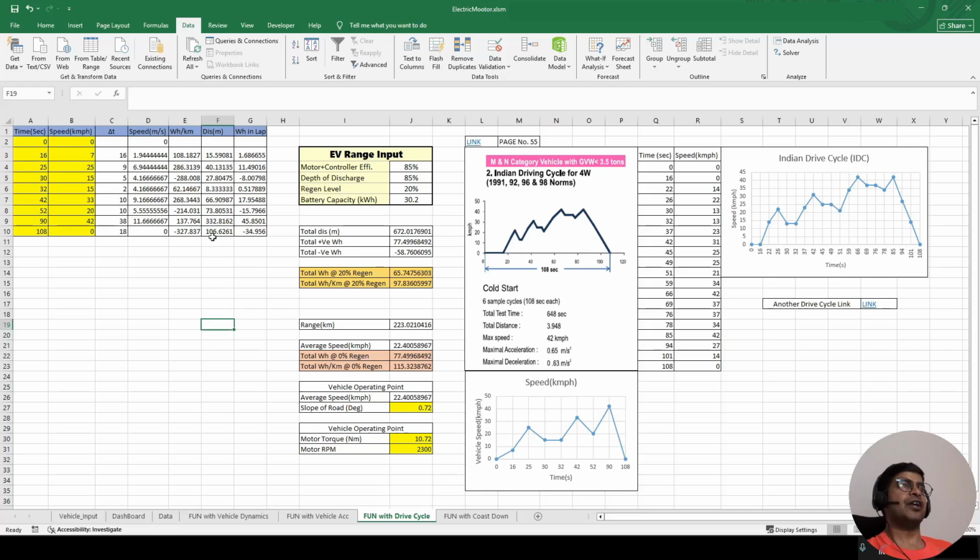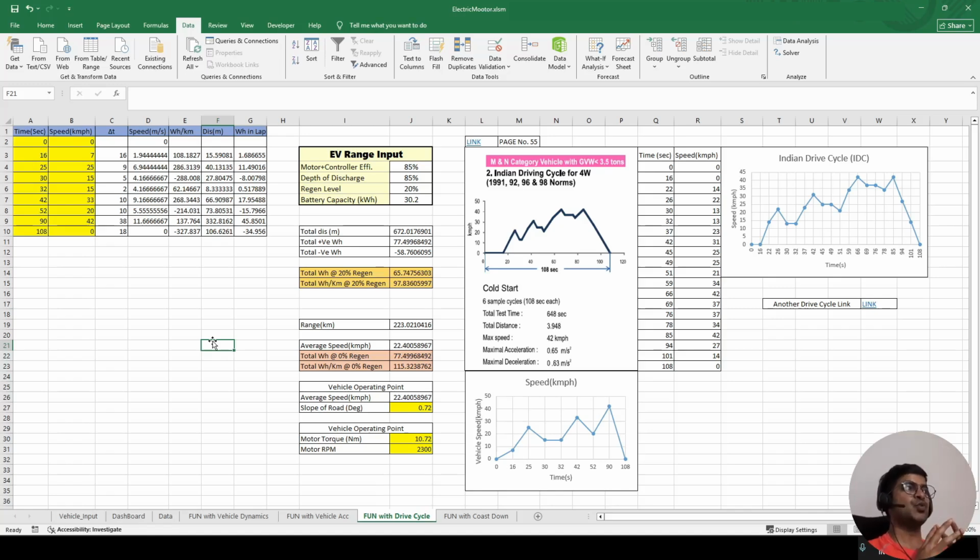I have to divide the total distance traveled by the total time it took. So then I got 22.4 kmph.